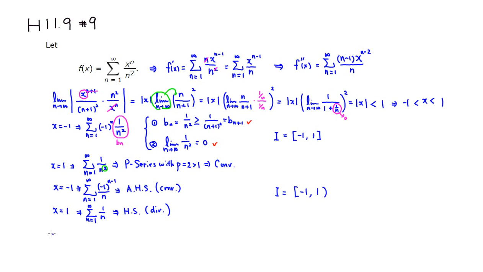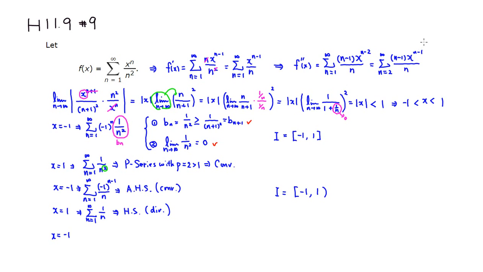So if x equals -1, one more thing you can actually do is, since when n equals 1 the term is going to be 0, we can actually start at n equals 2, which really doesn't make any difference, but we can do that.